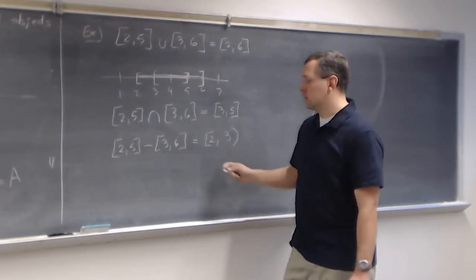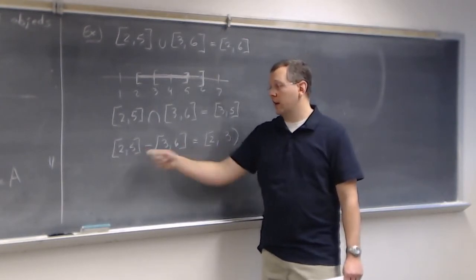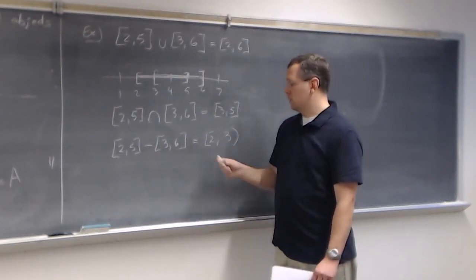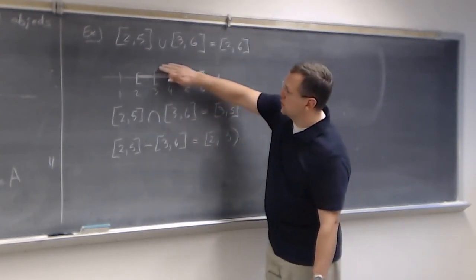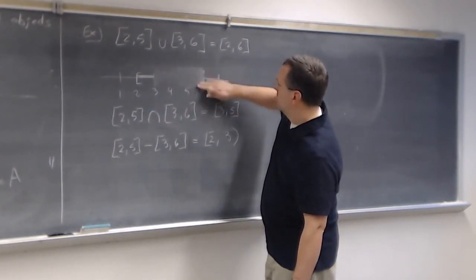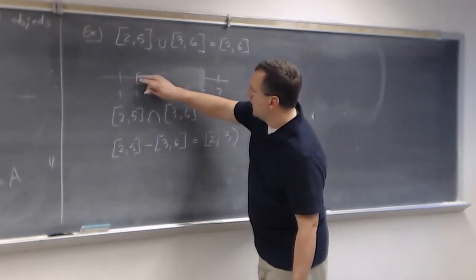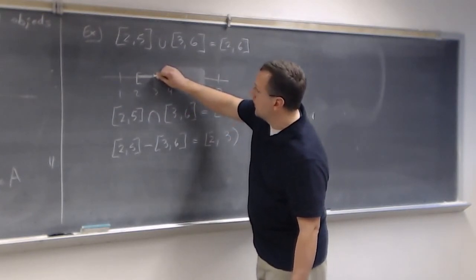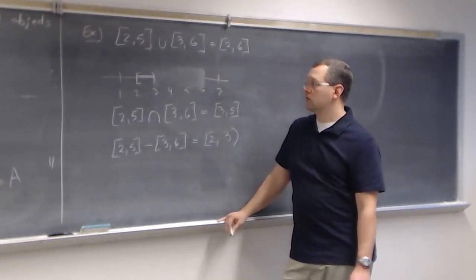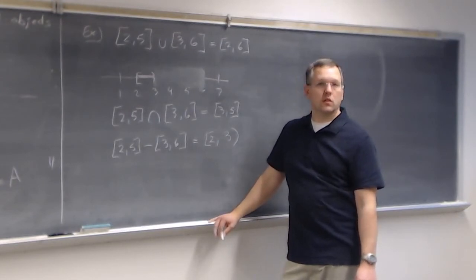But parentheses, because if the number 3 is in this set, I've got to take it out. So I don't want to include it anymore in this set difference. Imagine you start with this picture and you just erase everything in the interval from 3 to 6. What's left? I erased everything, and I actually erased the number 3, so it's an open interval now. Okay. Any questions?